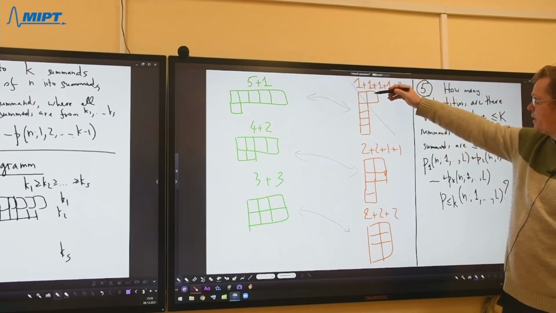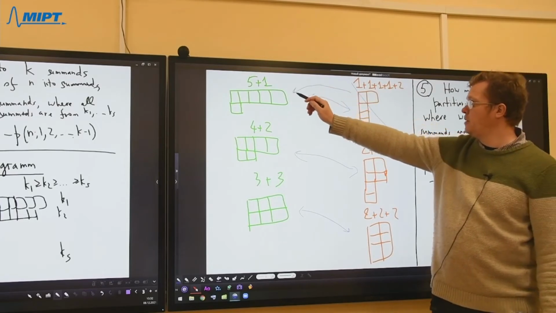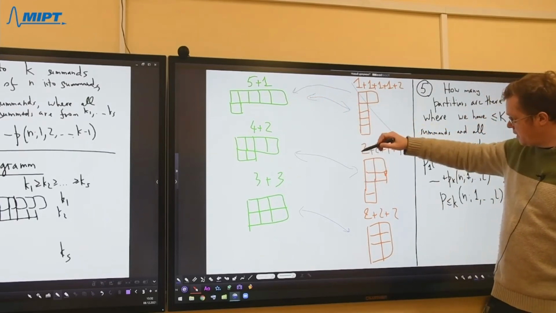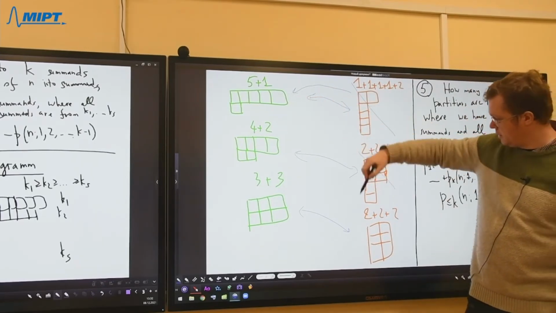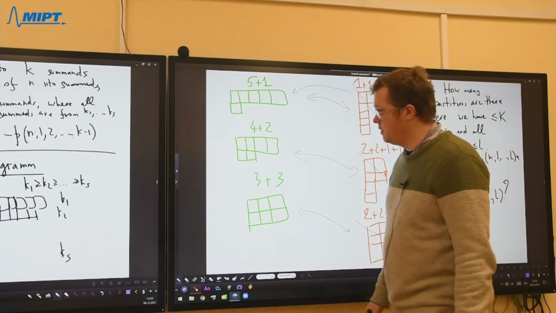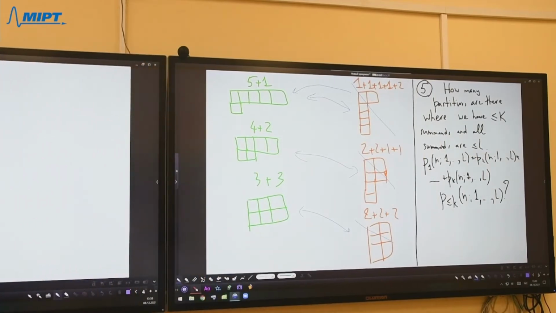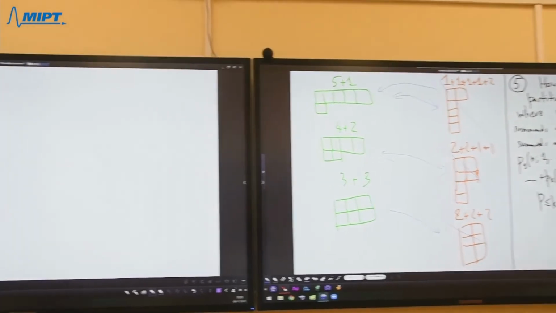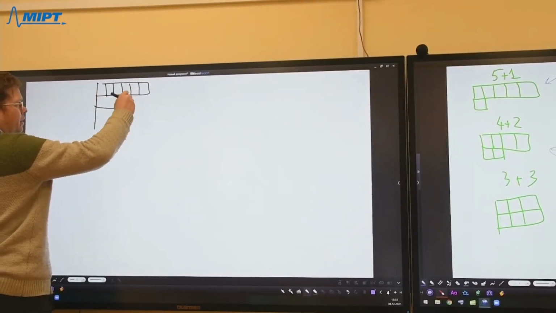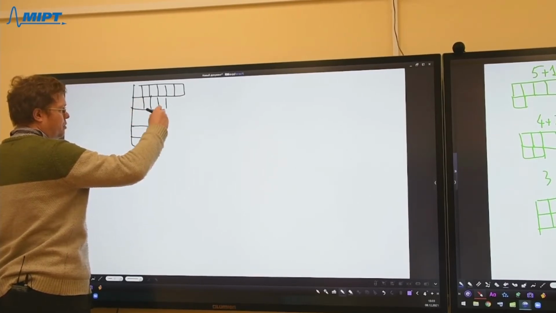So if we reflect this Young diagram over this diagonal, we get this one, and vice versa. The same holds for these and these. So the idea is: what is a partition with K summands? This is the partition where we have exactly K rows.